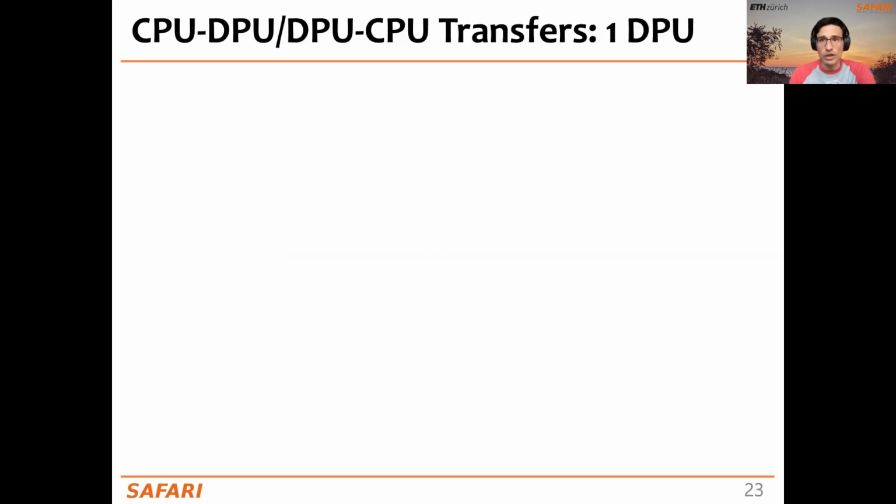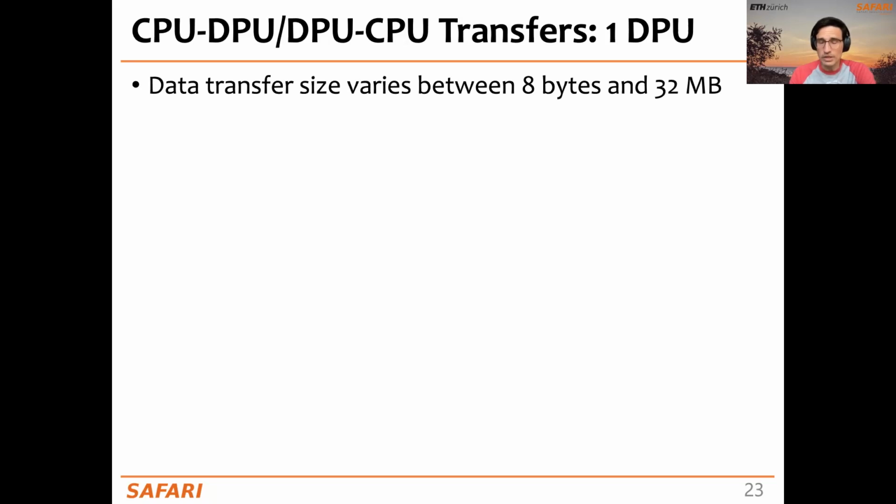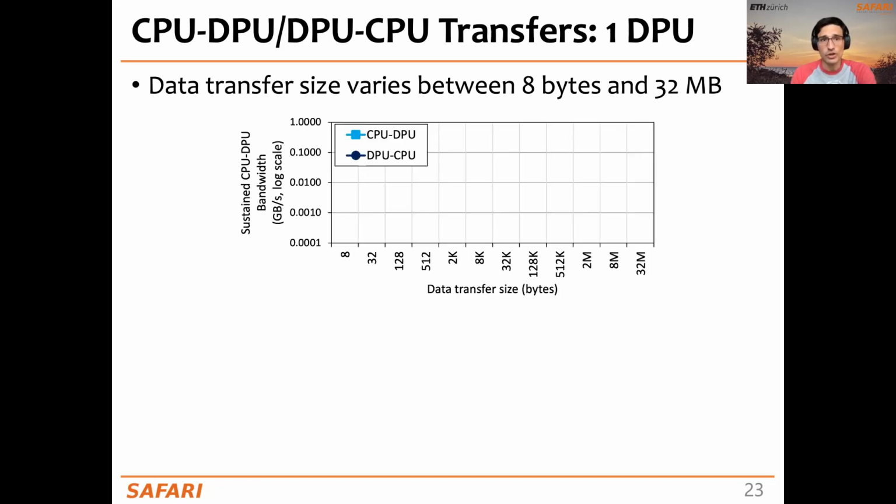Okay, let's start with the first set of experiments. As I said before, we changed the data transfer size between 8 bytes and 32 megabytes. And here you can see the results: sustained CPU-DPU bandwidth and DPU-CPU bandwidth for different data transfer sizes from 8 bytes to 32 megabytes. These are the results for CPU-DPU transfers.